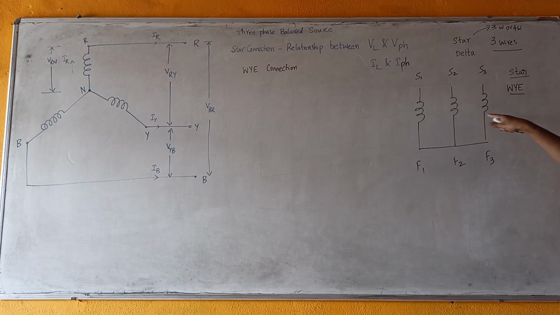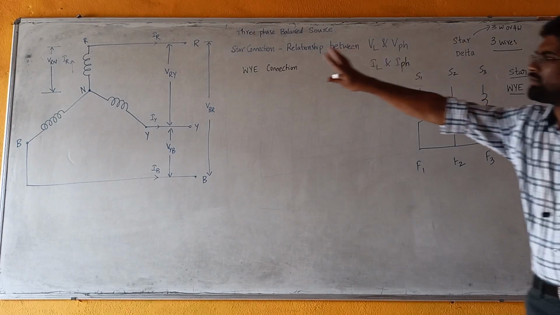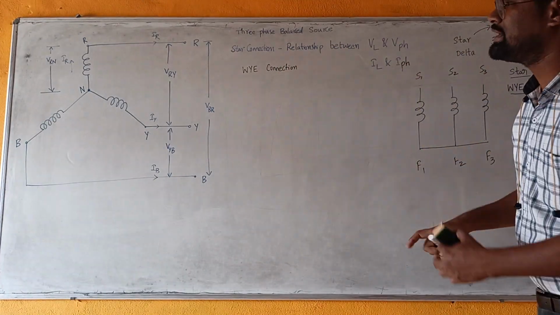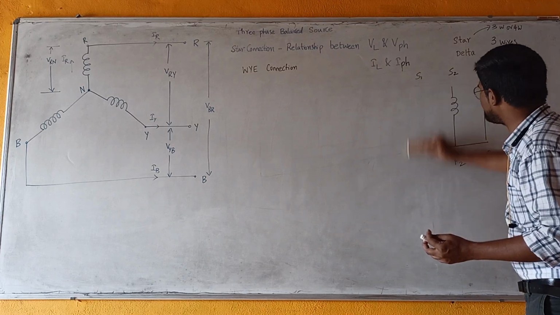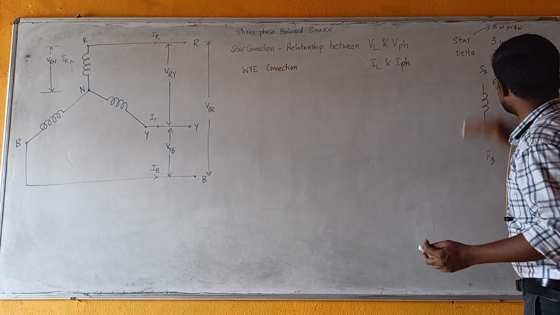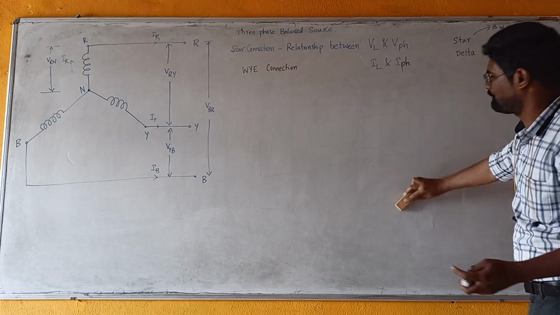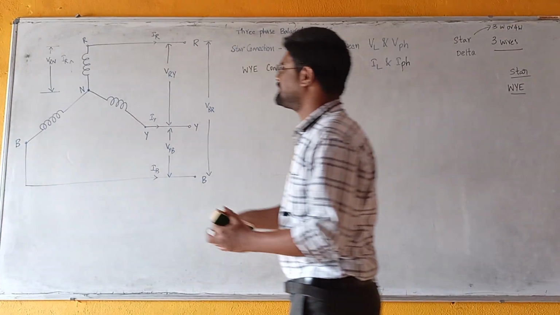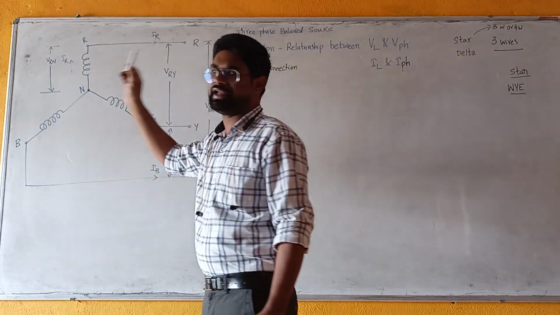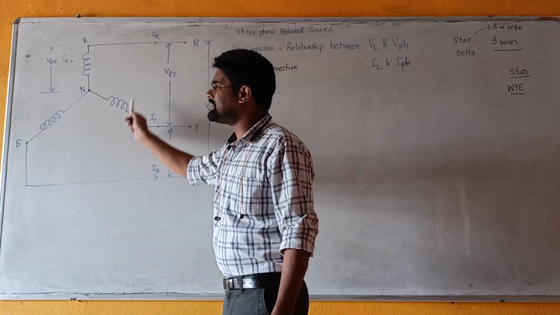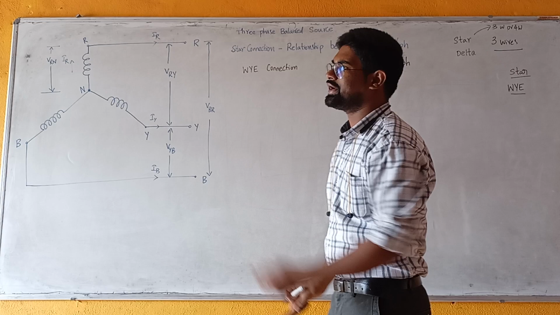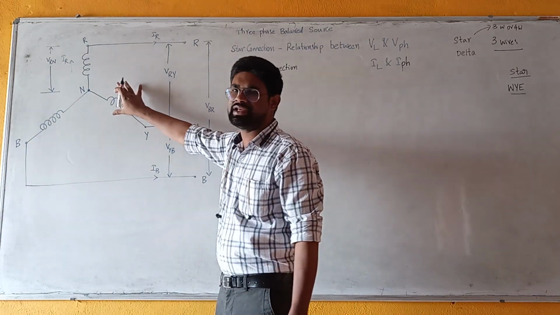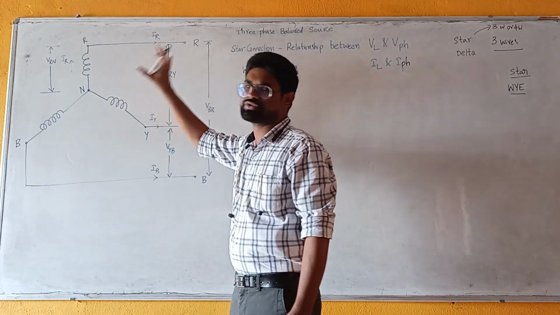Now this is the procedure to form a star type of system. The first question is whether this three-phase star connection is a three-phase source or a three-phase load. Here I have considered this three-phase star connection as a three-phase source.